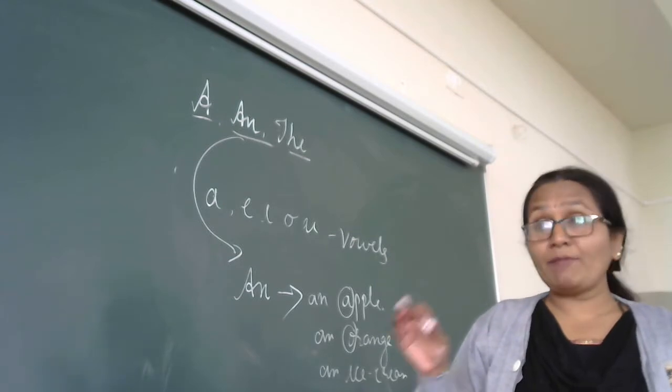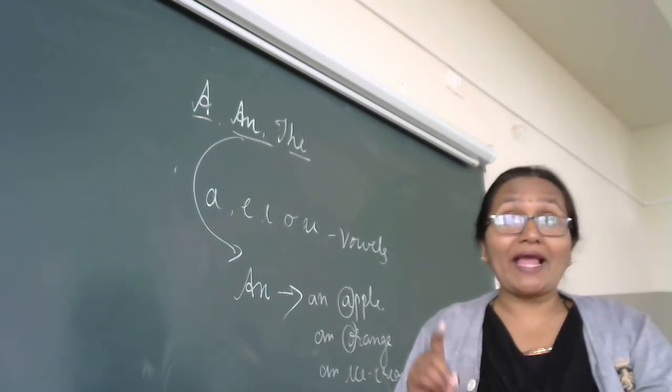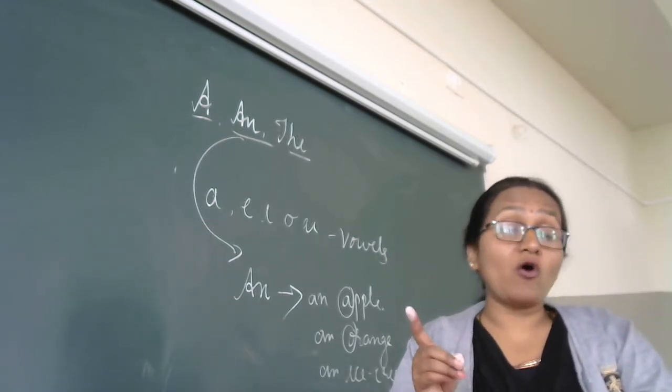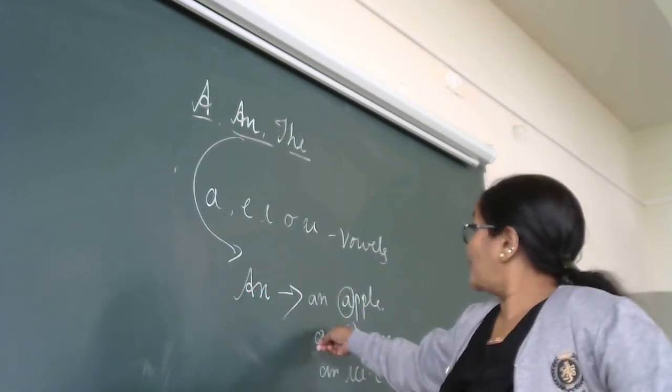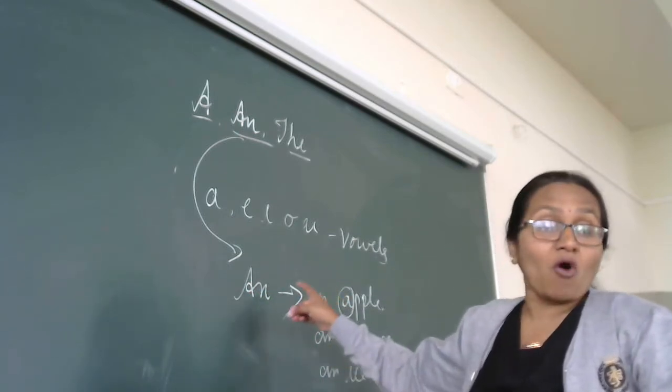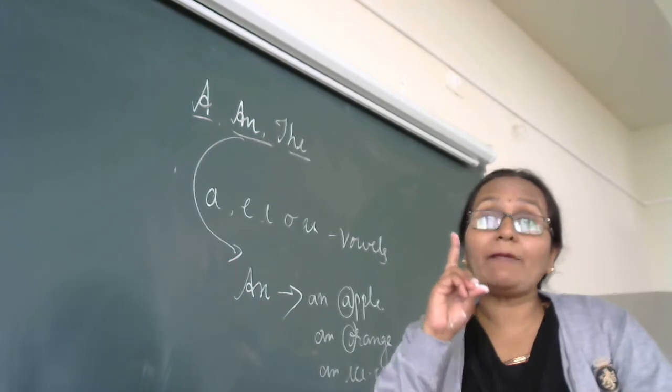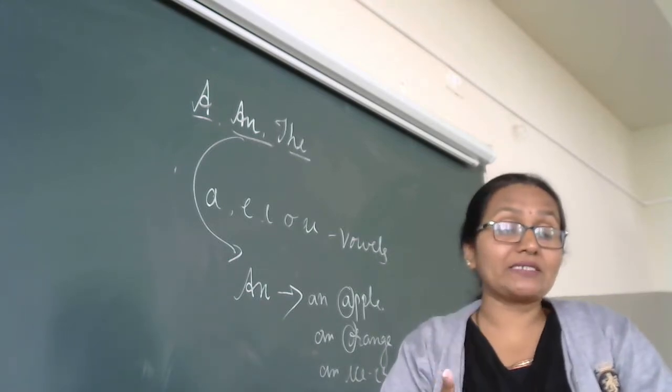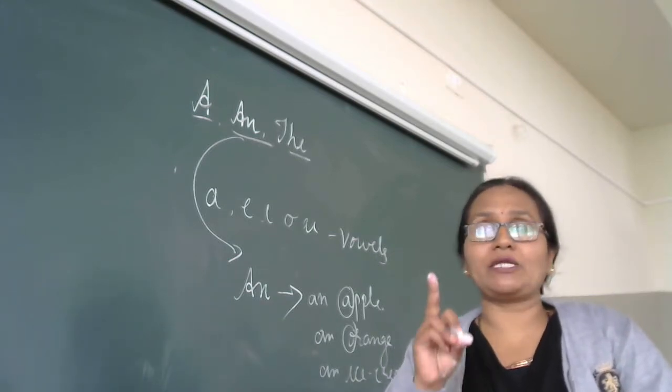Now, remember one thing. We use a or an before a single person, place, animal or thing.